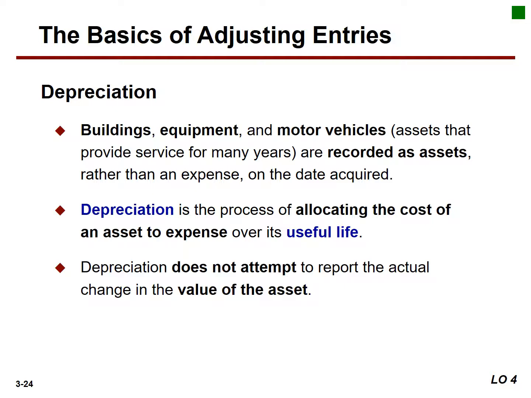So by not recording it as an asset, but recording it as an expense when we first buy it, we would be putting all of the expense into 1 year, even though this equipment would be earning revenue for our business for 5 years. So by putting it into an asset account and depreciating it, we're going to allocate the cost of that fixed asset to expense over its useful life.